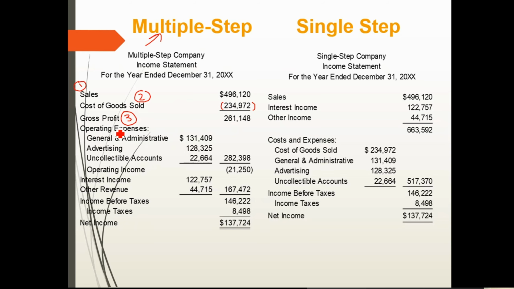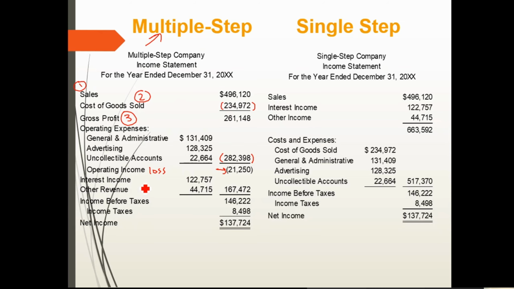After that, we're going to deduct the operating expenses like general administrative, advertising, uncollectible accounts. All of it we're going to deduct from the gross profit. Here, if you notice, we reached our operating income, which is minus, so it's a loss. Then we're going to add the interest income or other revenue.